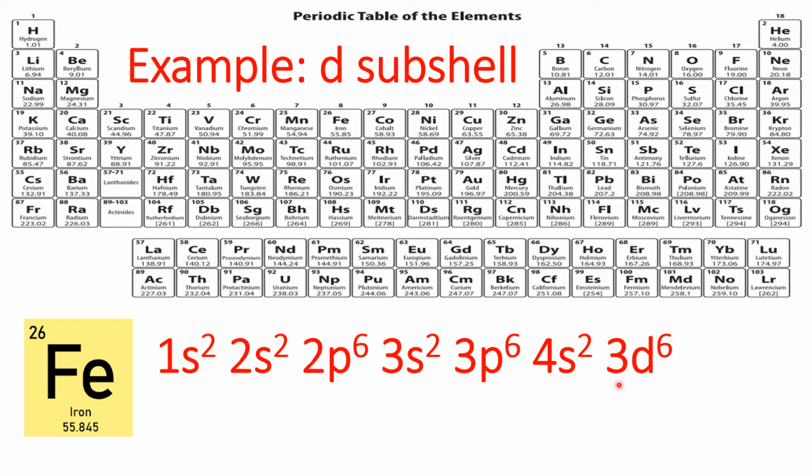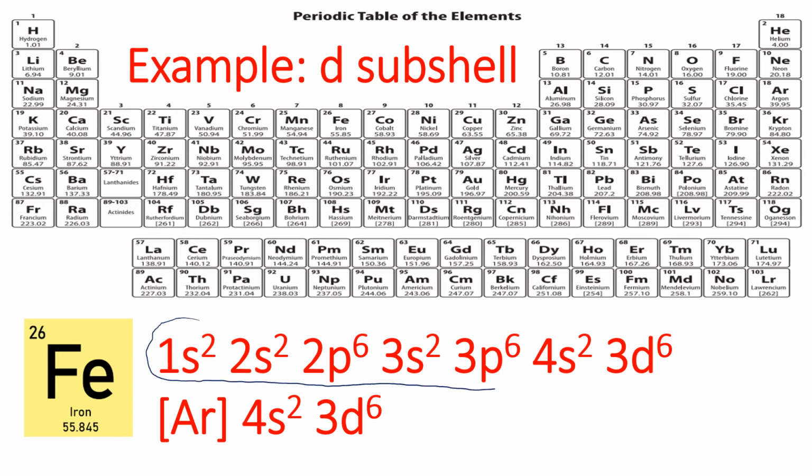So how do we write the condensed form for the electron configuration of iron? You can write it this way. Ar is argon. Remember, you have to look at the previous noble gas before this element. We are now in period 4, so you have to look at the noble gas of period 3, which is argon.